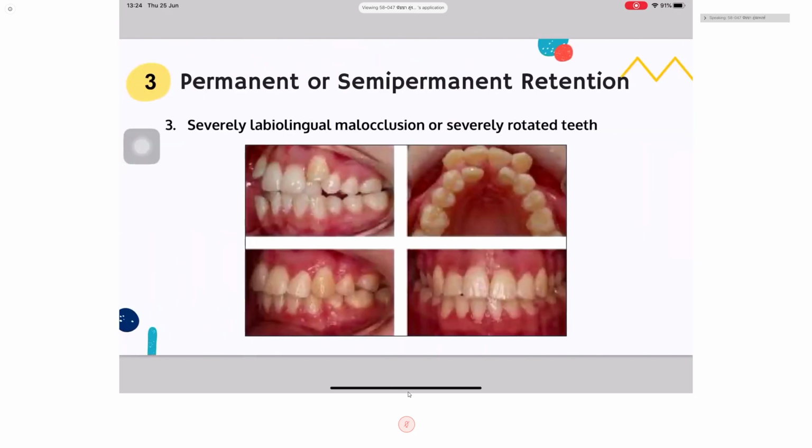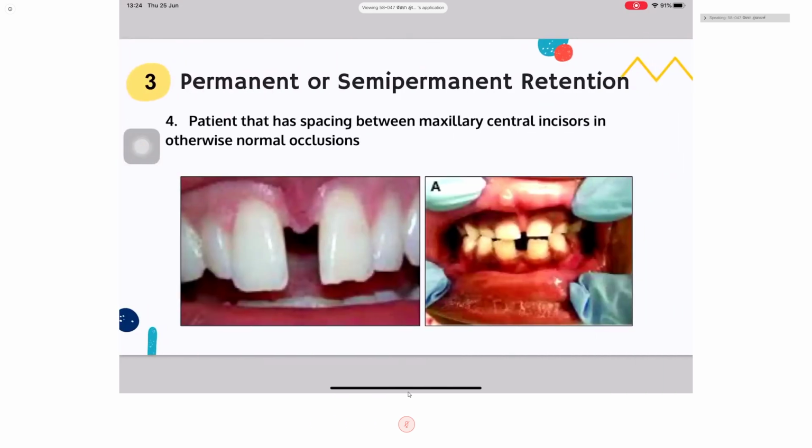Patients that have severe labiolingual malocclusion or rotated teeth. And the last one for permanent or semi-permanent retention is 4. Patients that have spacing between the maxillary incisors, in other words, normal occlusion.